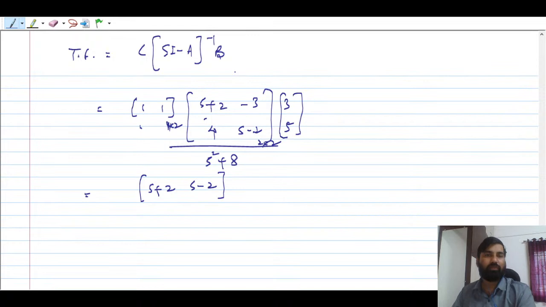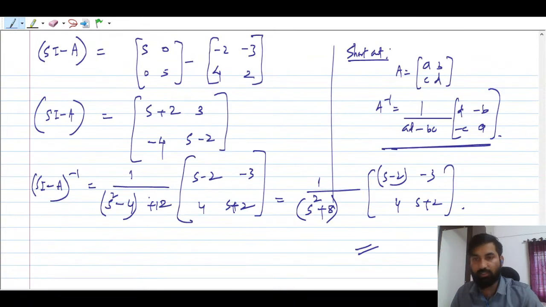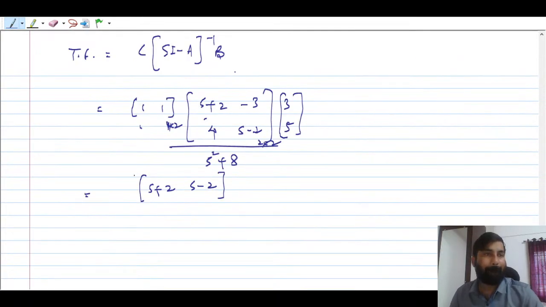You just multiply like this. I think here it should be, let me check, sI minus A inverse, what is that? I think I have made a mistake, you can correct it.